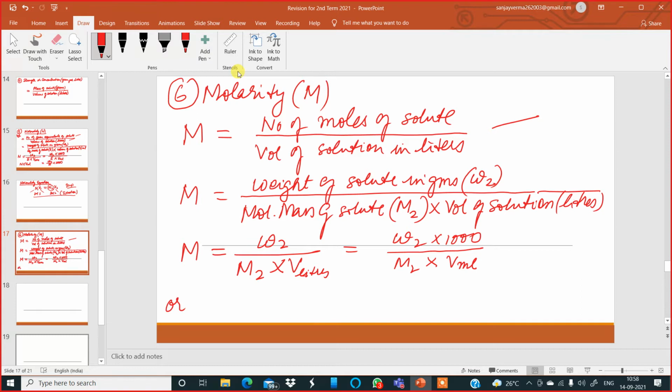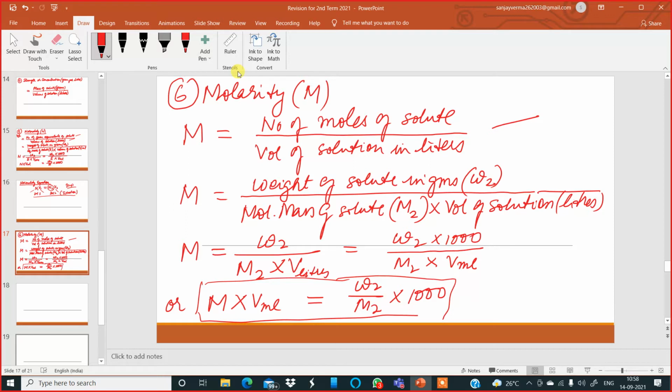Or I can have one more form: molarity multiplied by the volume of the solution in milliliters is equal to W2 by M2 into 1000. This is an easier way to remember the final formula for molarity. So try to learn this formula properly. Normality I've already seen.